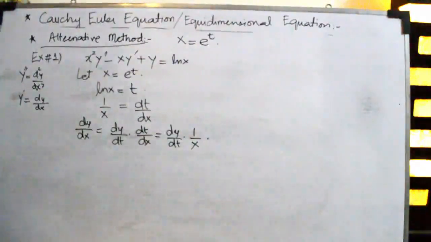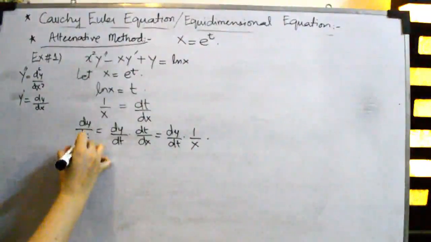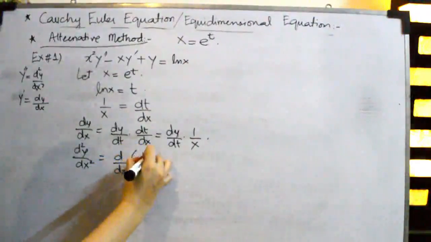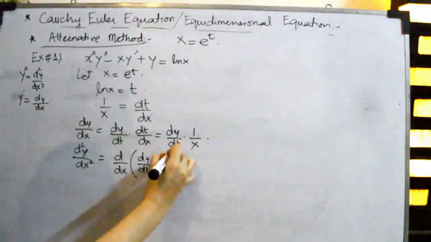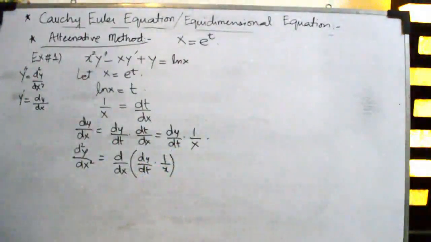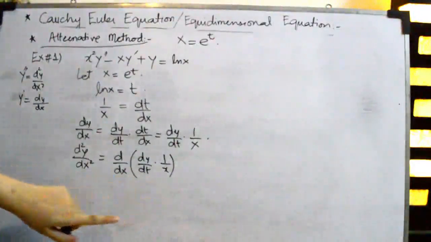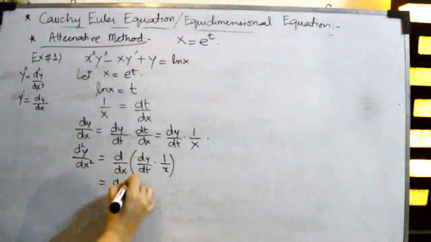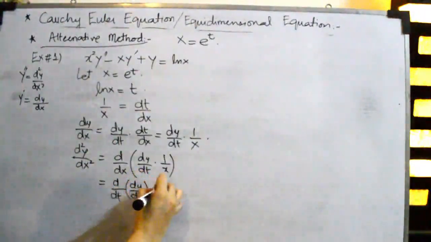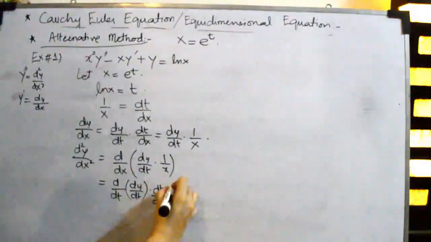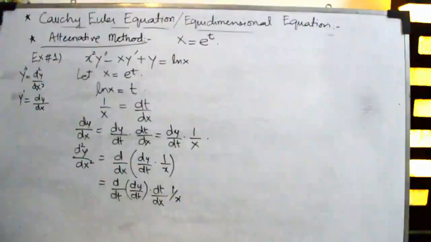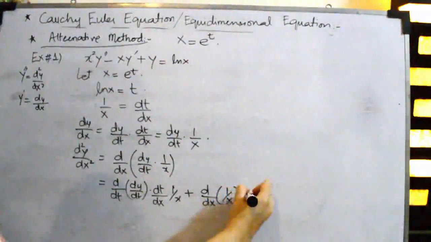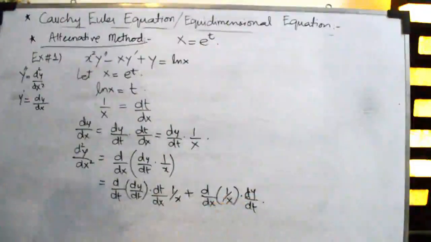Also for the second derivative, d2y by dx square is d by dx of dy by dt into 1 by x. For that you have to use the product rule, because one is a derivative and the other is a function. Using the chain rule, dt by dx, with the second function as it is, plus the derivative of the second function into dy by dt, the first function as it is.